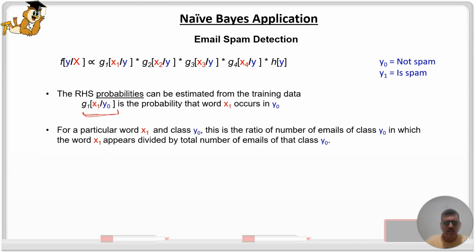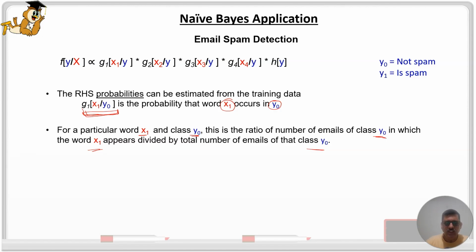G1 of x1 given y0 is the probability that the word x1 occurs in the category y0. For a particular word x1 and class y0, this is the ratio of the number of emails in class y0 in which the word x1 appears, divided by the total number of emails in that class y0. So I'll repeat.